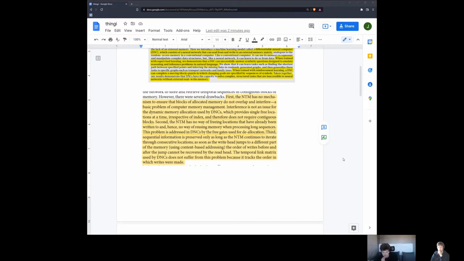Now they have a mechanism to iterate backwards and forwards from a memory location. Before they didn't specifically have that.